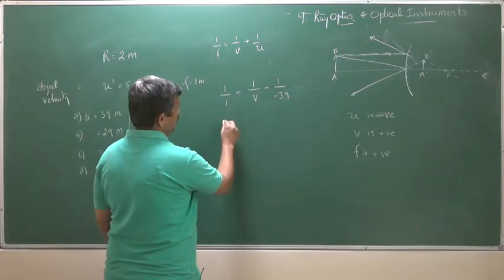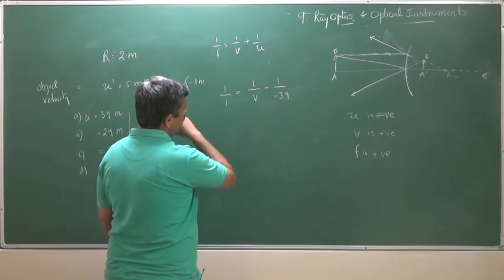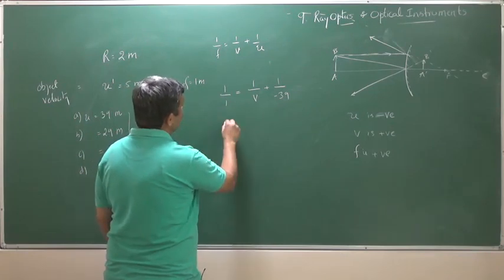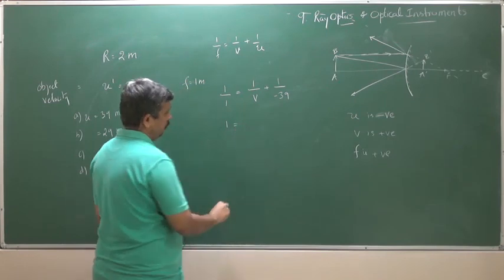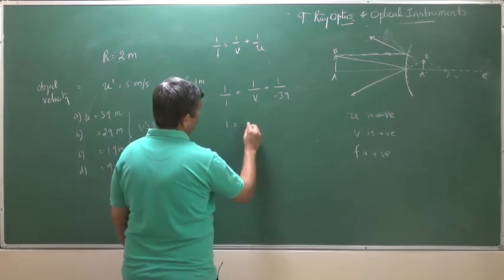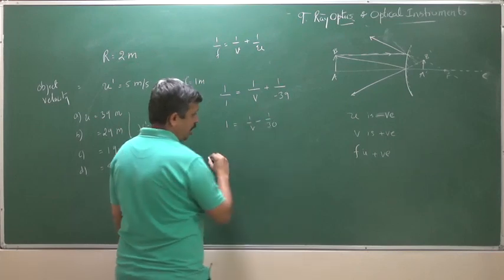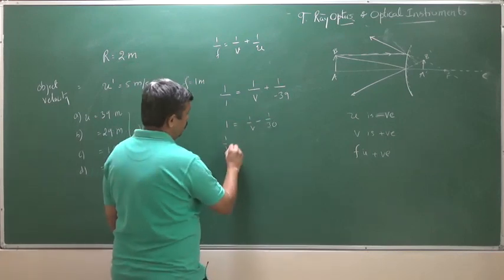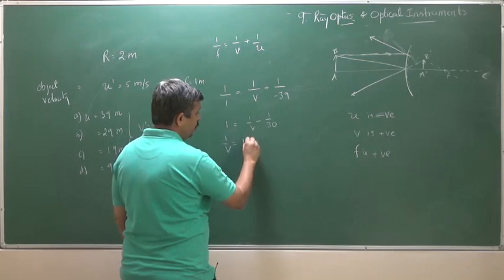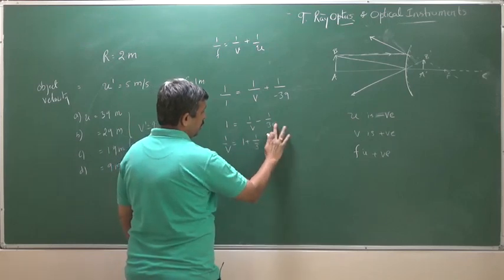So, this means basically 1 is equal to 1 by v minus 1 by 39, or I will write it as 1 by v is equal to 1 plus 1 by 39.